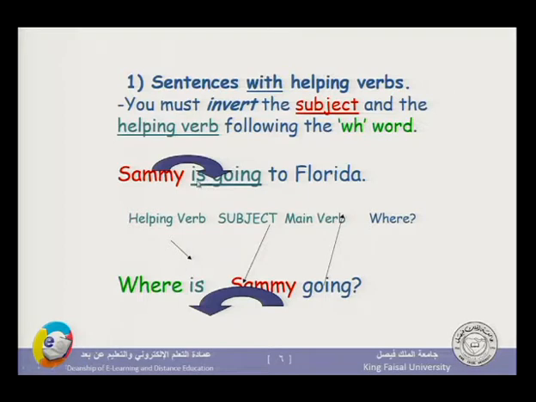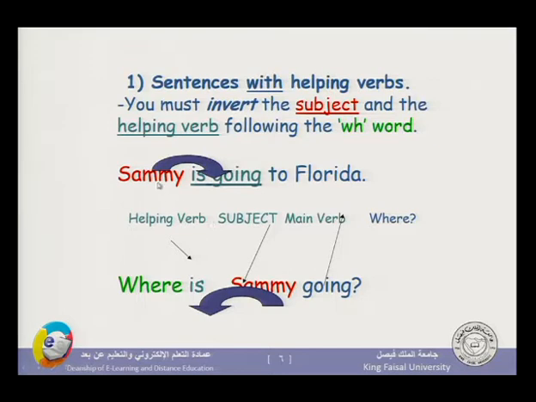So Sammy is going to Florida. So the question can be about the place, right? Where? See? So I start with where, and then instead of Sammy is going, I should invert it by saying is Sammy going? See here? So where is Sammy going? So here we invert the subject, okay, and the helping verb.